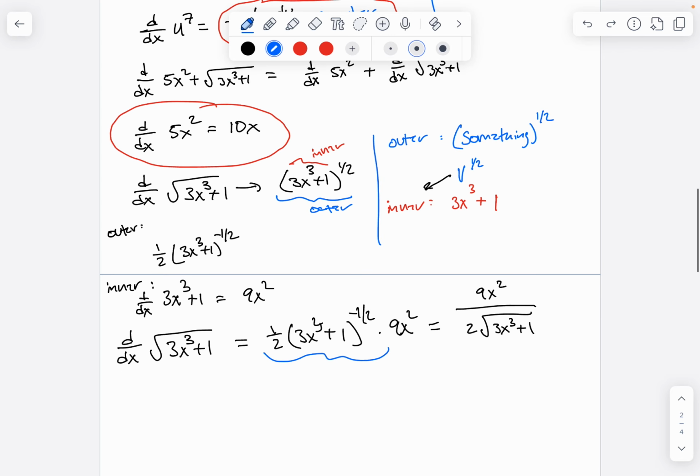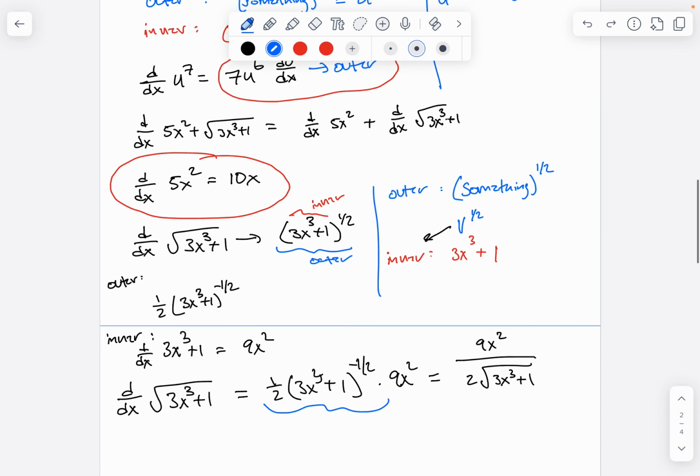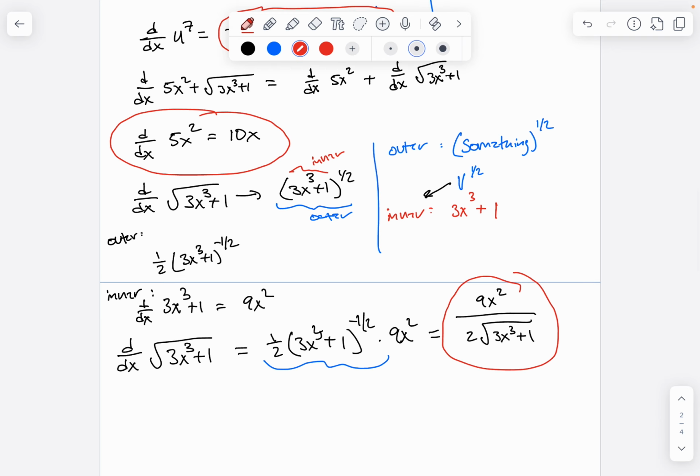So now let's combine all the terms. I'm going to circle this as the third term. So these two terms, the 10x and the 9x squared over 2 root 3x cubed plus 1.